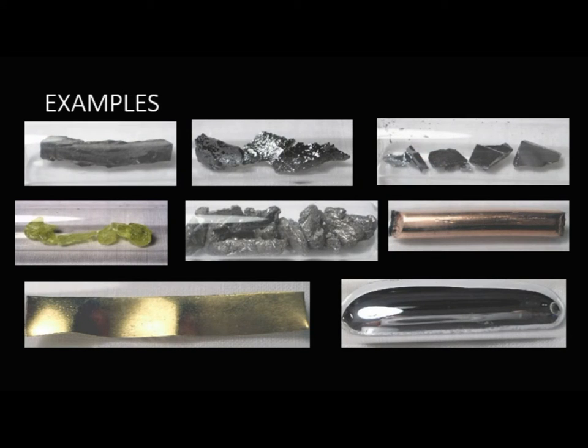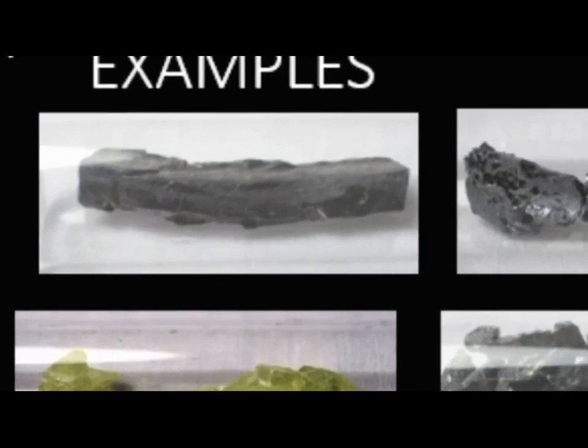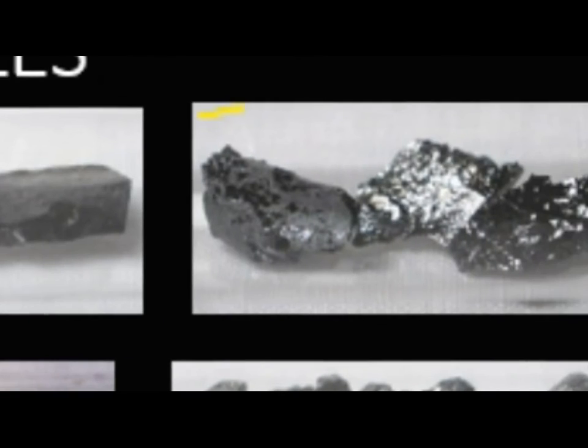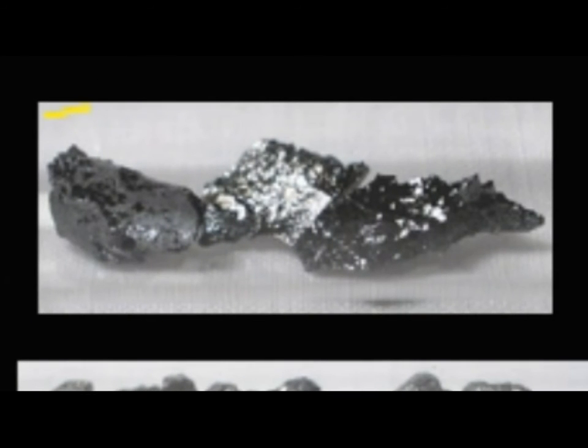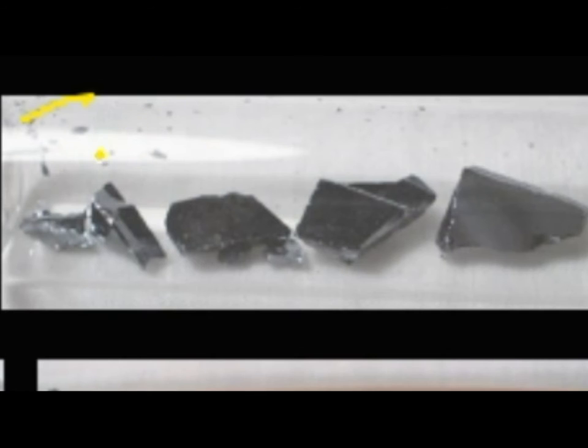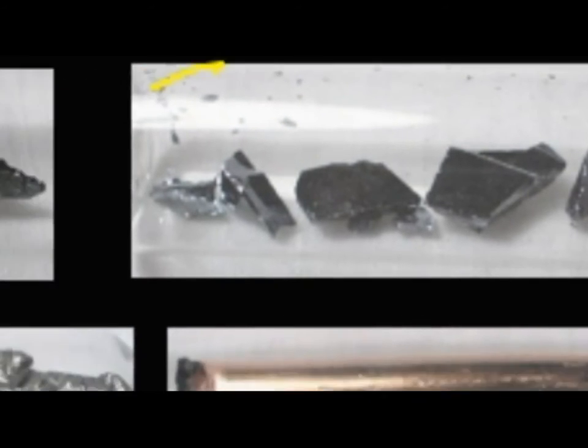The first one is lithium, which is covered with a dark layer of oxide. This is crystalline boron, and this is a high purity silicon that's going to be made into silicon chips that are used in computers and cell phones, and this is a crystalline sulfur.